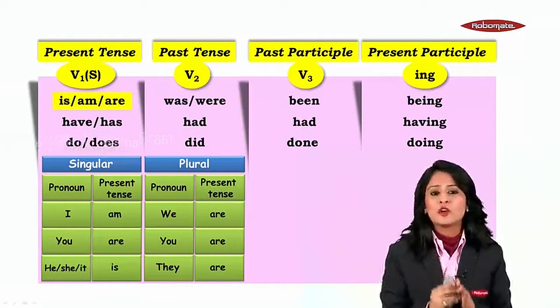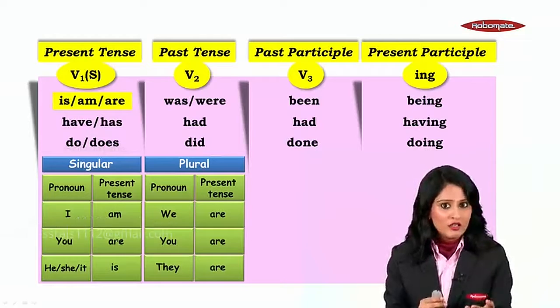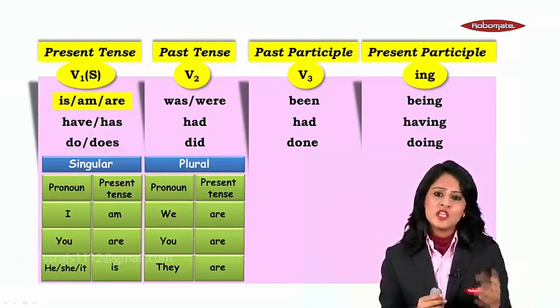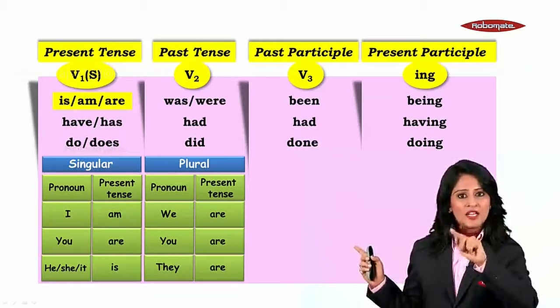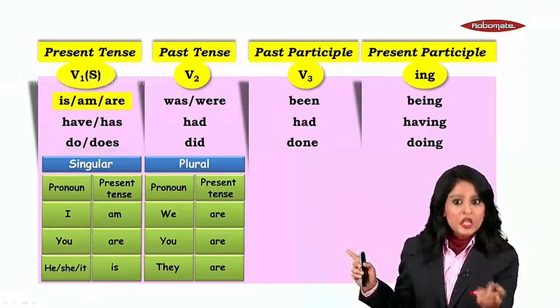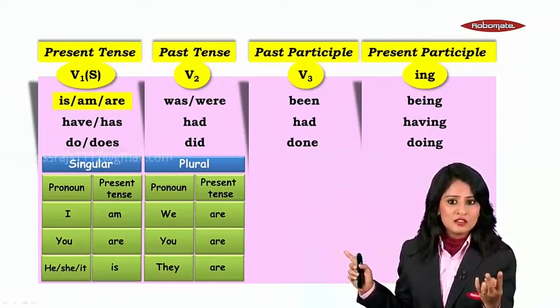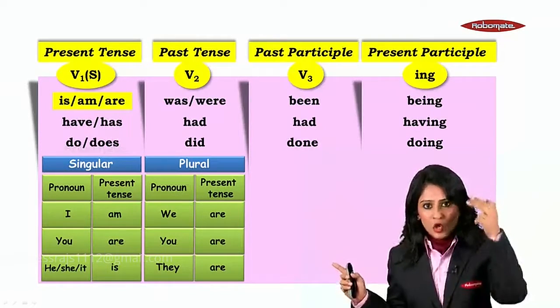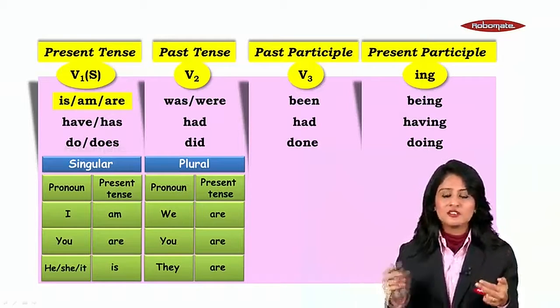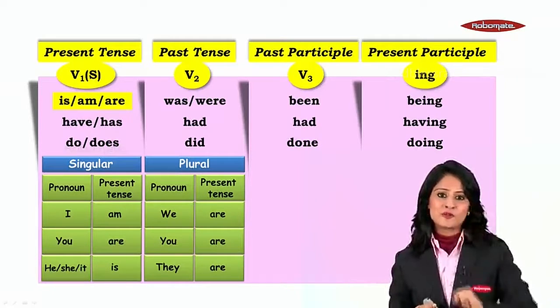No, that is not what we say. We say you are, he is, she is, it is. So did you see, students? With I, the form is am. With you, the form is are. And with he, she, it, the form is is. Because it keeps changing, that is why we have the 3 forms.